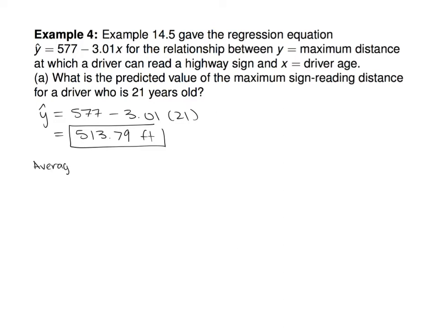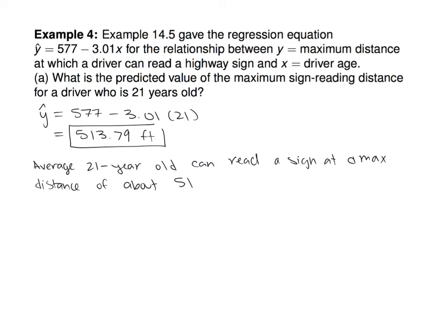So the average 21-year-old can read a sign at a max distance of about 514 feet. I mean, not every 21-year-old, because some 21-year-olds may be slightly blind, as in they have bad eyes, but on average, they can read a sign at a maximum distance of 514 feet.